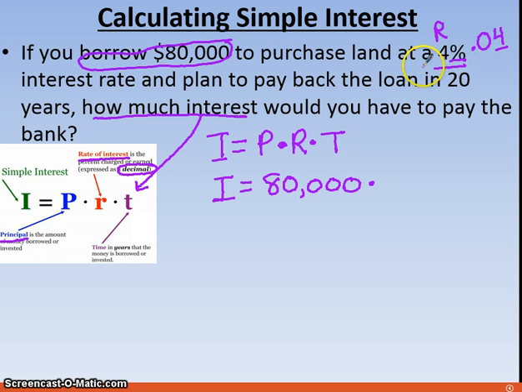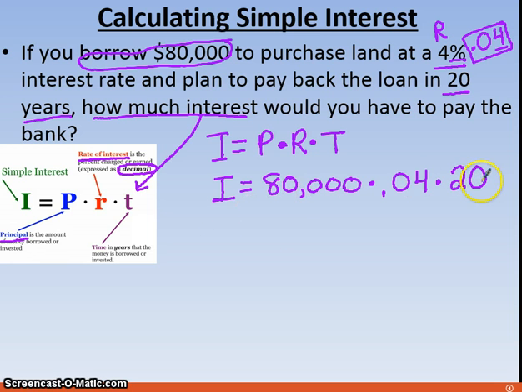A 0. So 4% is the same as 0.04. So instead of writing the R, I'm going to write 0.04. Lastly, T stands for time in years. And I am borrowing the money for 20 years. So instead of writing the T, I'm going to write 20.